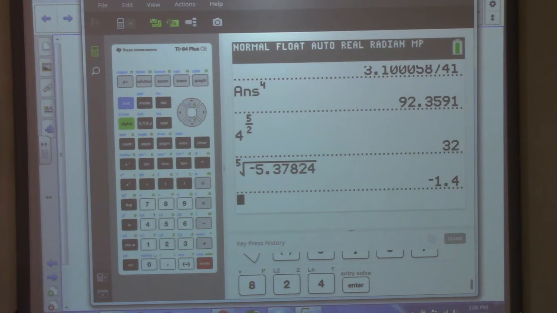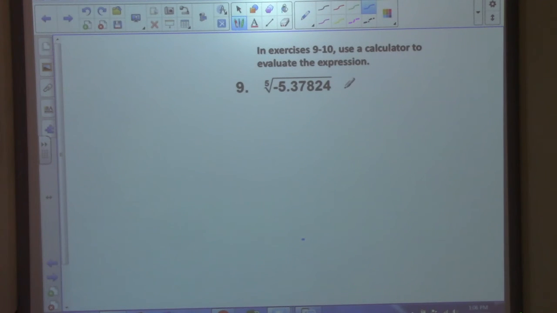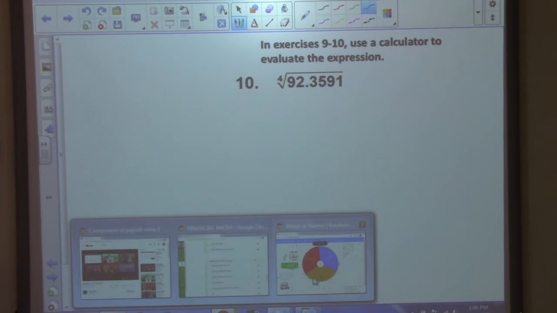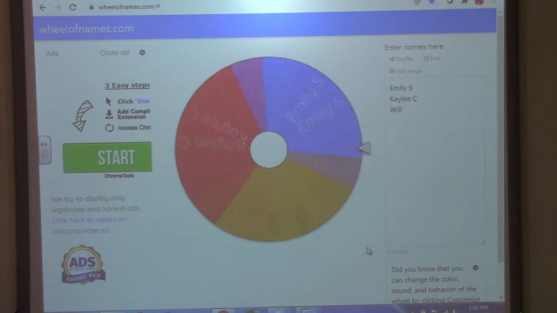And now on this one here, you should get, I think, is it 3.1? Wait, hold on. There's only 2 people that need to spin the wheel. Okay, what I need to do is eliminate the names here.